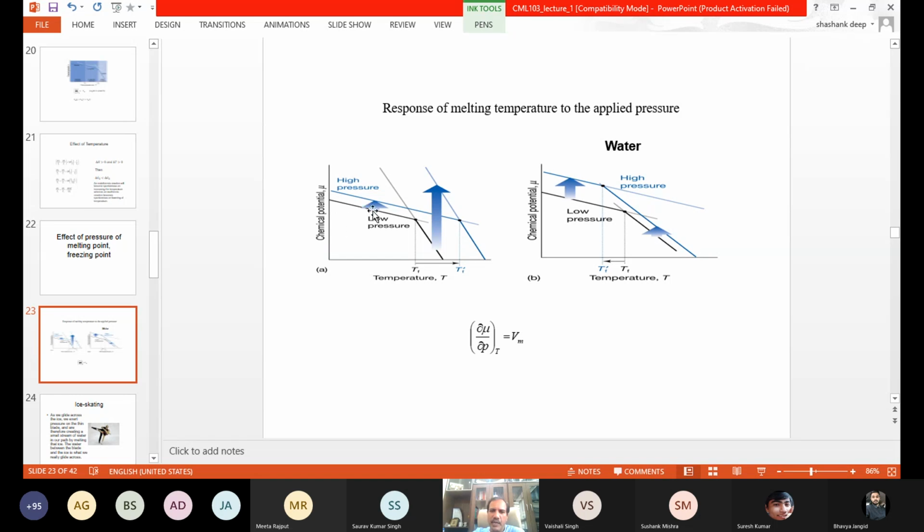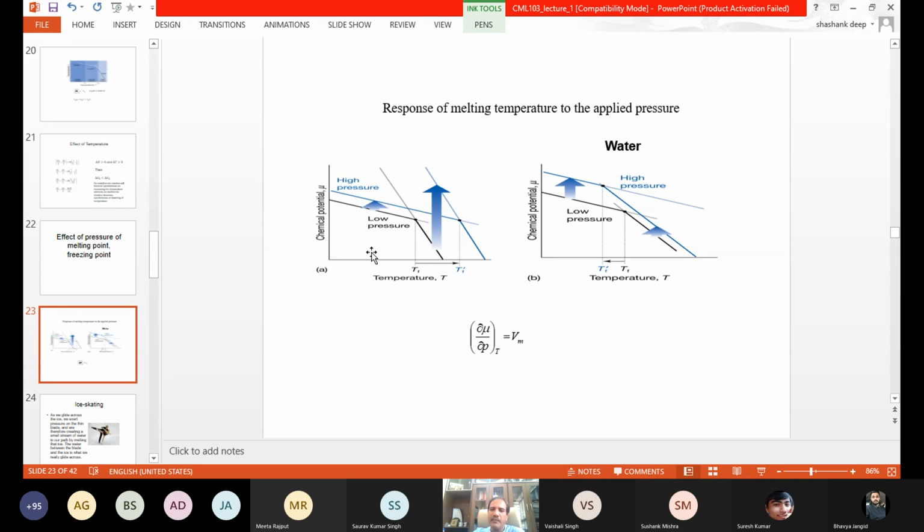So this is, suppose, at one pressure. Am I right? This is for solid form, and this is for liquid form. And we know that this is the temperature which is known as the freezing temperature. So this is how delta G changes with temperature for solid form, and this is your freezing temperature.